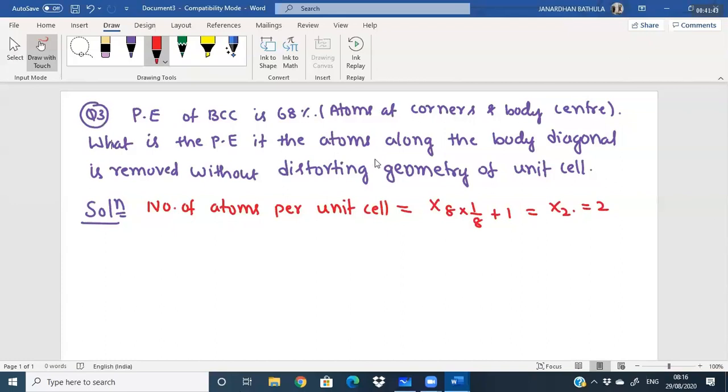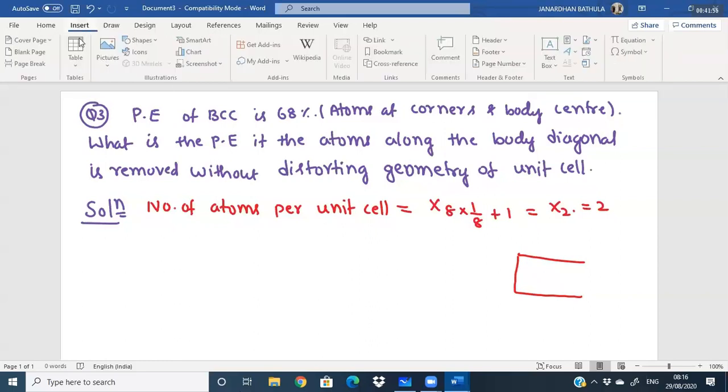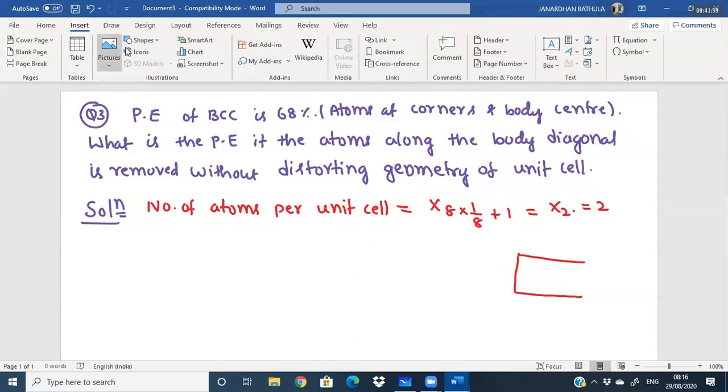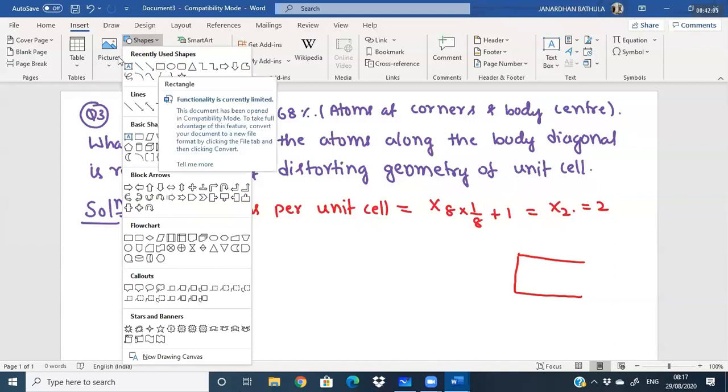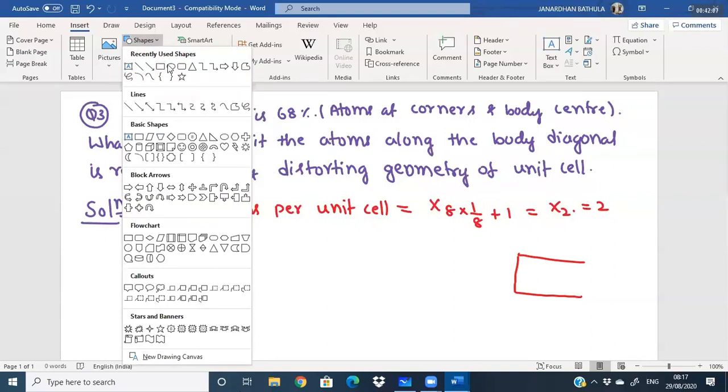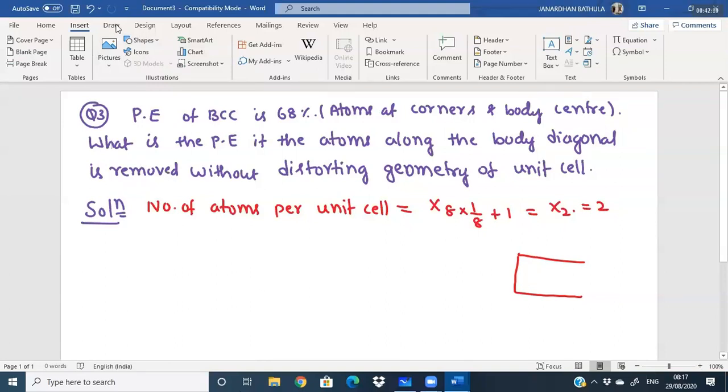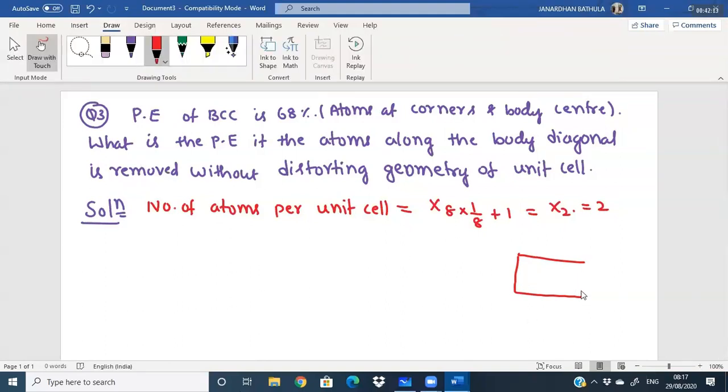What they are asking: if the atoms along the body diagonal are removed. For example, this is the crystal. This is atom 1, atom 2, atom at the body center.